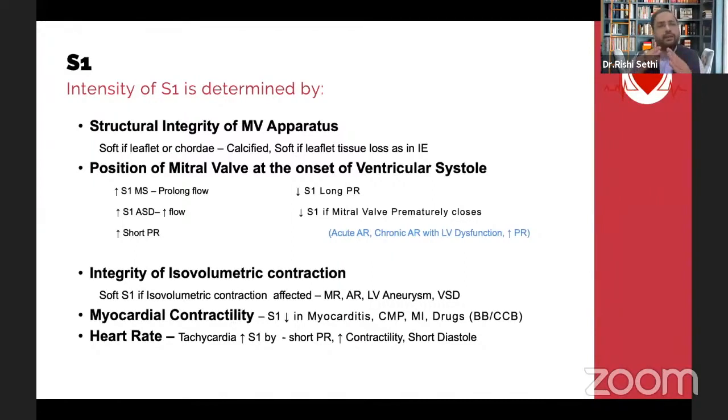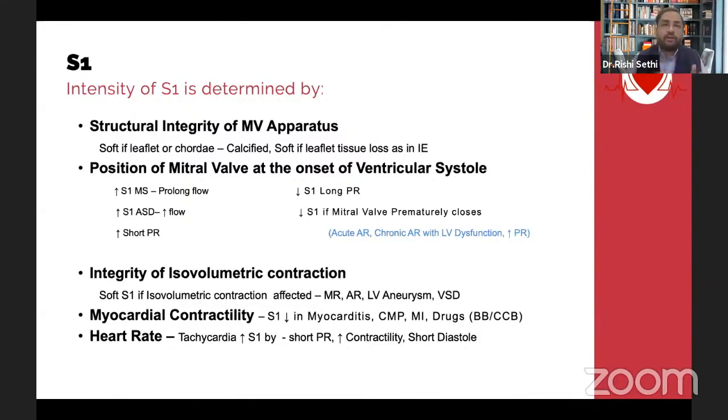It is determined by the structural integrity of the mitral, most commonly mitral. We discuss mitral or tricuspid valve apparatus. So if there is any break in the structural integrity of an AV valve, the M1 or T1 of that particular part would be softer.